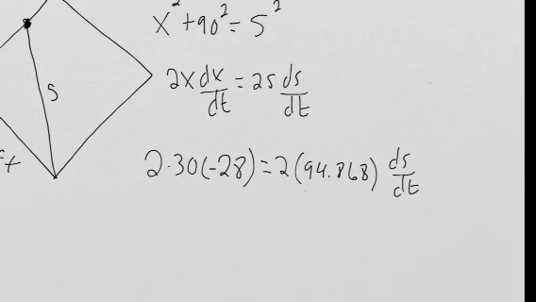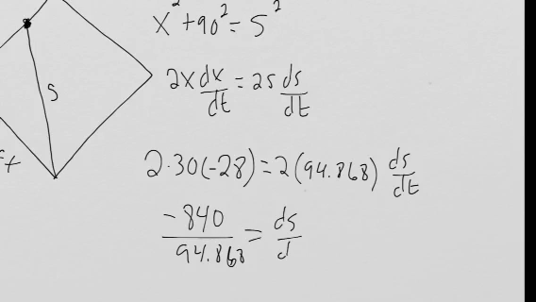Now we simplify and divide. The 2's cancel when you divide by 2, right? We get 30 times negative 28, which is negative 840. So negative 840 over 94.868 is ds/dt.